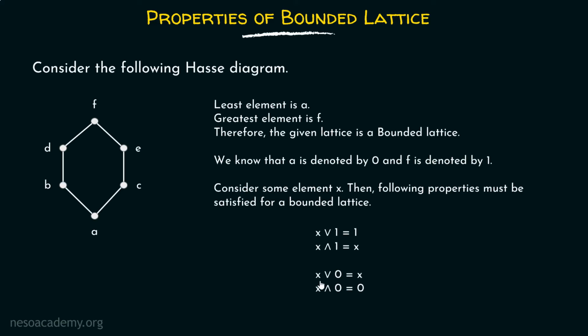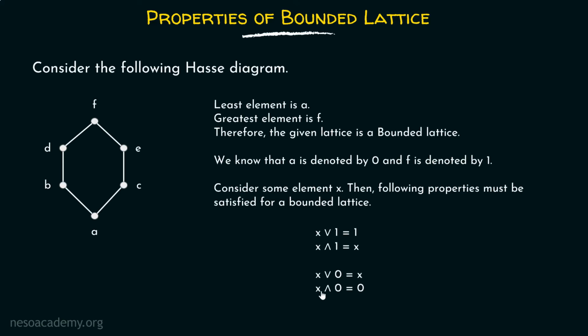This means we are talking about the least upper bound of X and A. Let's take some element B. Least upper bound of B comma A is obviously B. Least upper bound of C comma A is obviously C. Least upper bound of E comma A is obviously E. It is clear that least upper bound of some X with 0 is obviously X.